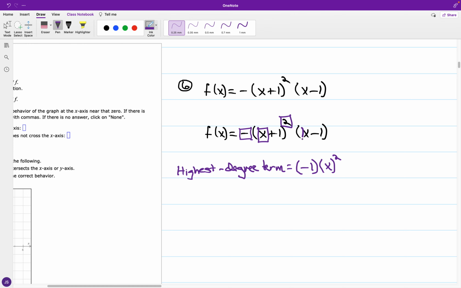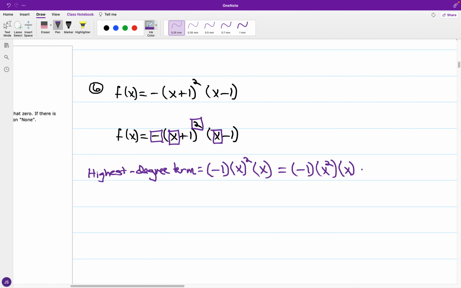And for x minus 1, you have just x. So you got negative 1 times x squared, and we have times x. So the highest degree term is going to be negative x cubed.